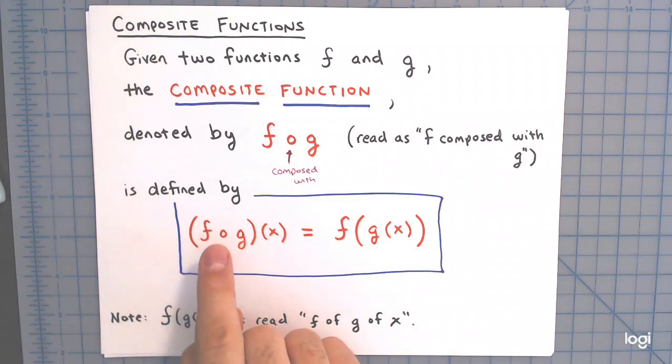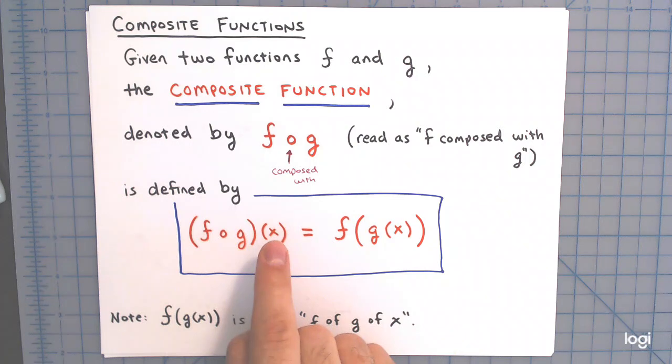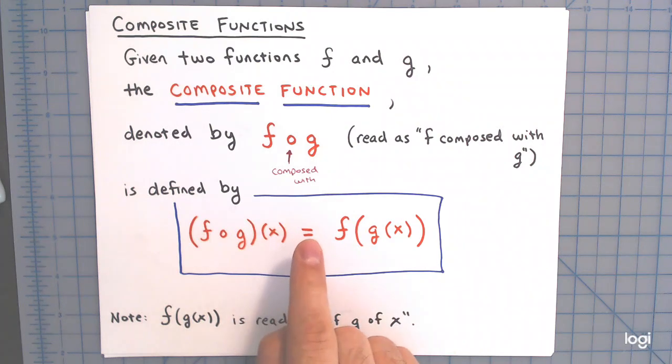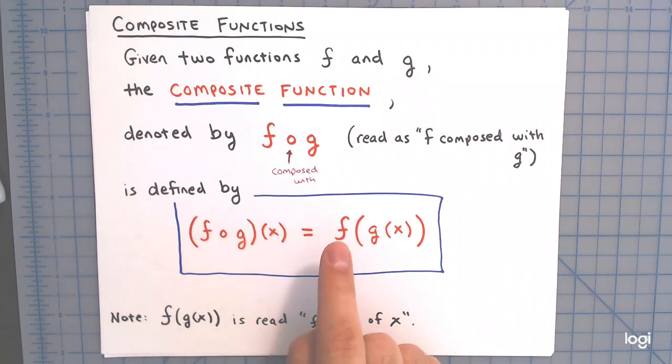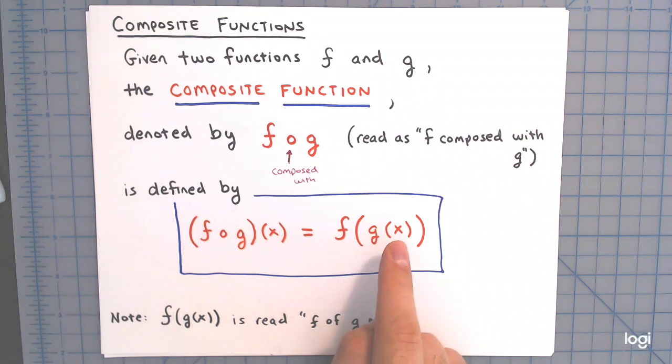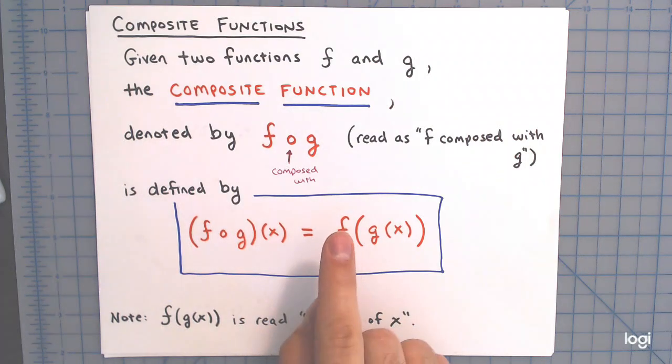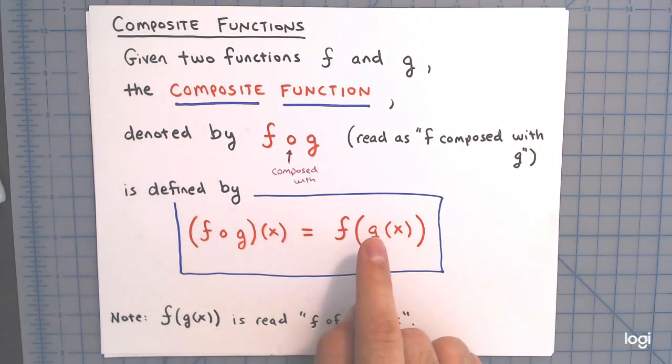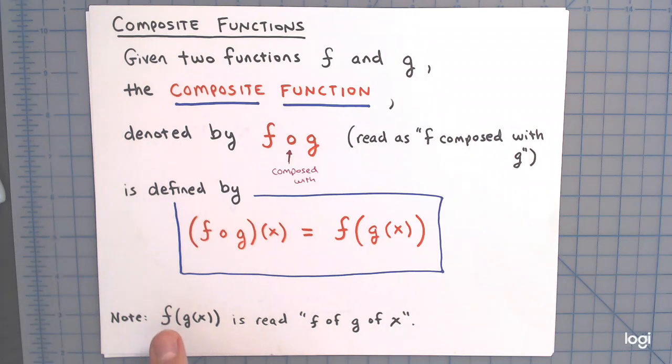So f composed with g at input x is equal to the value of f at the value of g at the value of x, or f of g of x. That f with g of x in parentheses is read f of g of x.